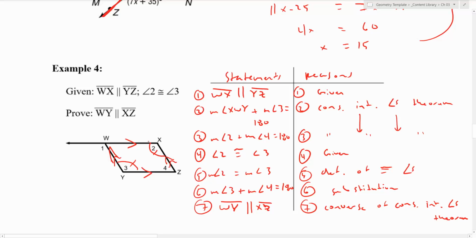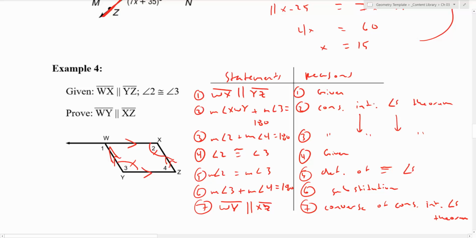Angle XWY and angle 3 are supplementary. That's the consecutive interior angles theorem. And in the same way, if WX and YZ are parallel and they're cut by a transversal XZ, then angle 2 and angle 4 are supplementary.